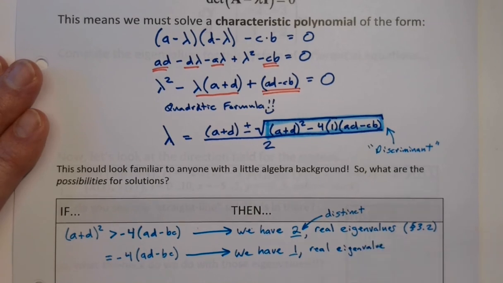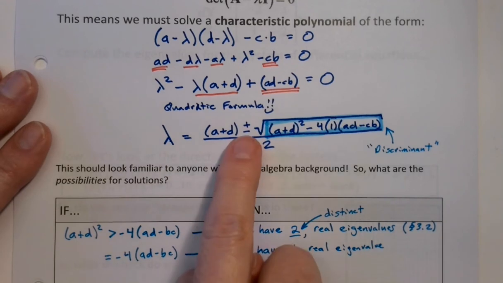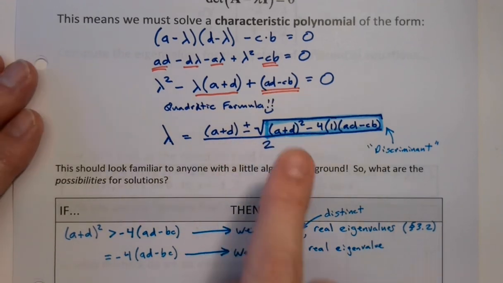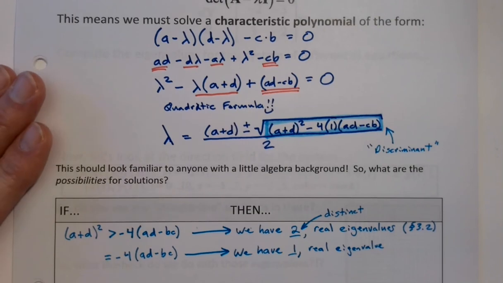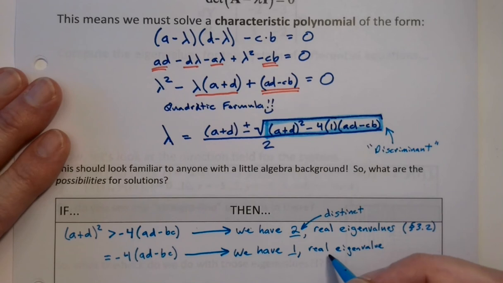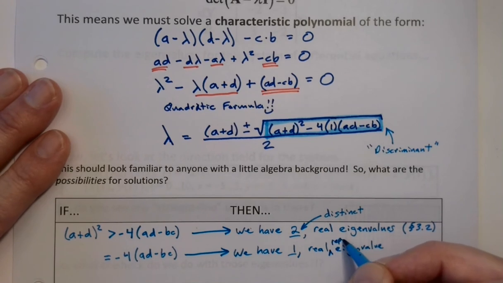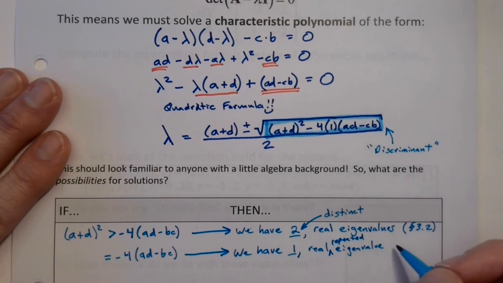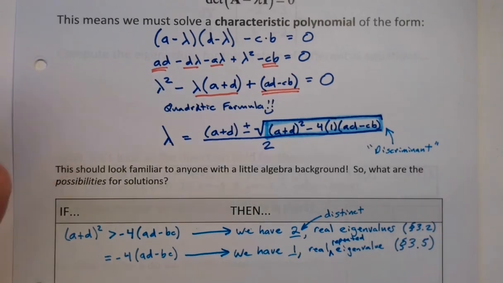And that's going to be an interesting case because it's technically plus or minus the same amount, 0. And so you'd wind up with plus or minus 0. So in a way, you have a double root, right? And so this is what we would call a repeated eigenvalue. And we're going to learn about that in section 3.5. So let's put that off for right now.